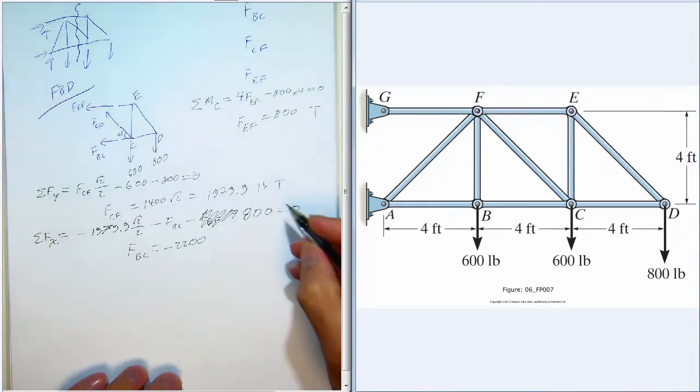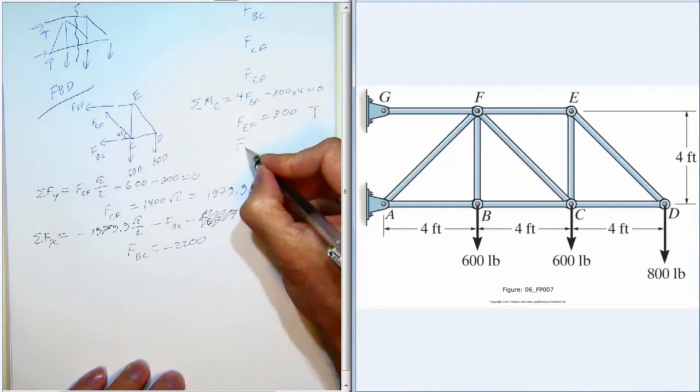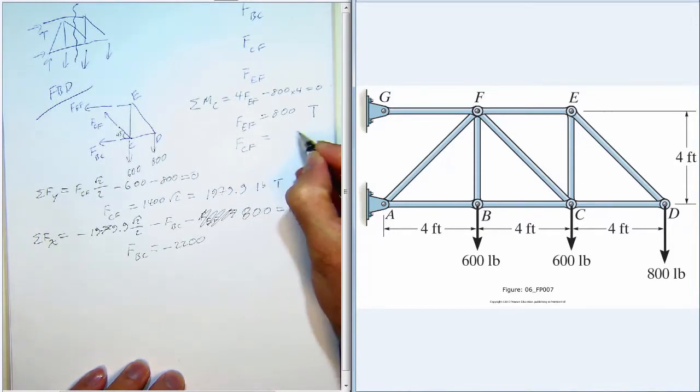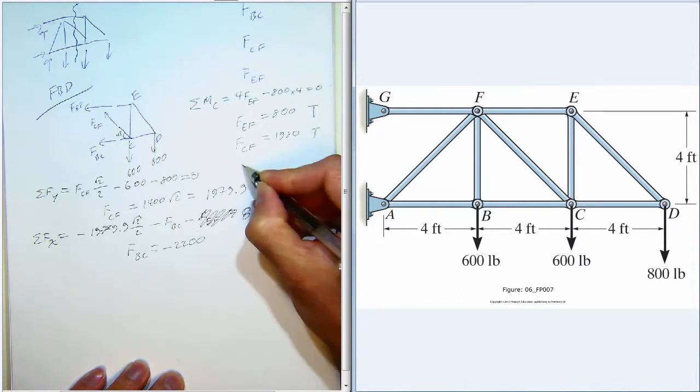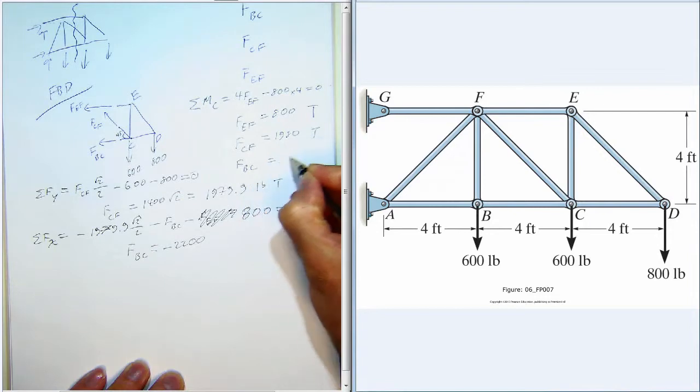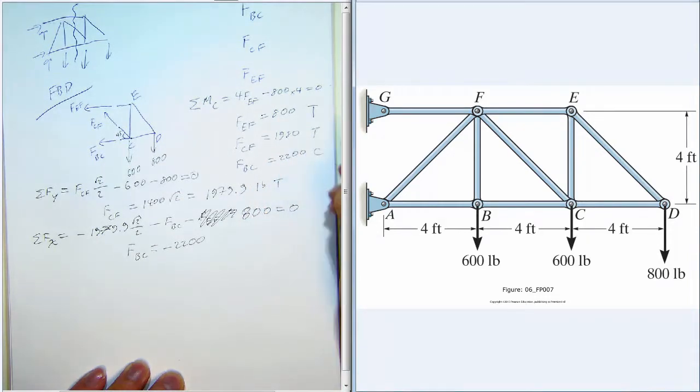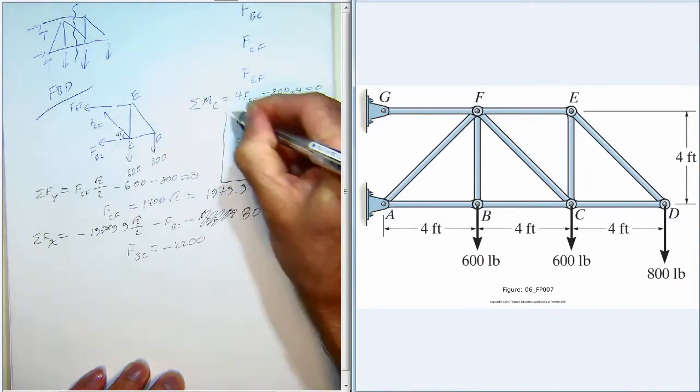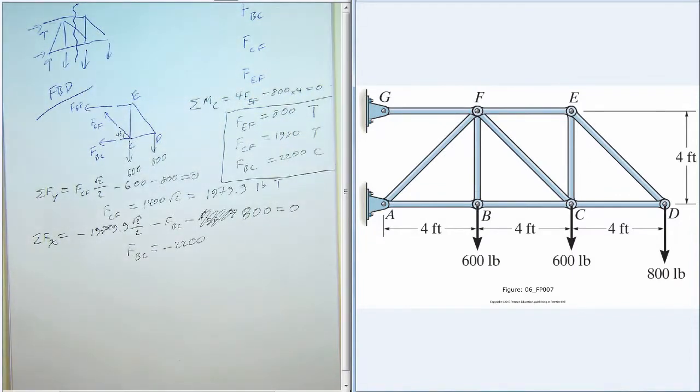So here's our list of member forces. It's really a matter of just picking the right line to cut the truss at, and then drawing an accurate free body diagram of the section of the truss we want to work with.